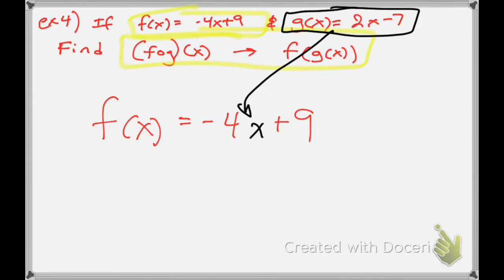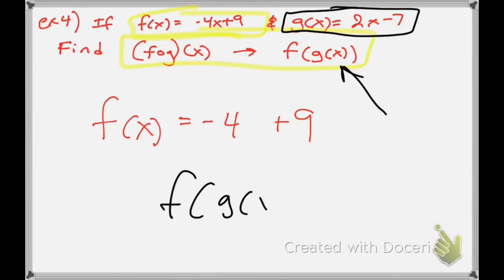So that substitution occurs. I'm going to substitute g of x in wherever I see an x, because when you look at f of g of x, this g of x is inside the function f of x. Think about it that way. So you're going to replace the x with the function g of x.